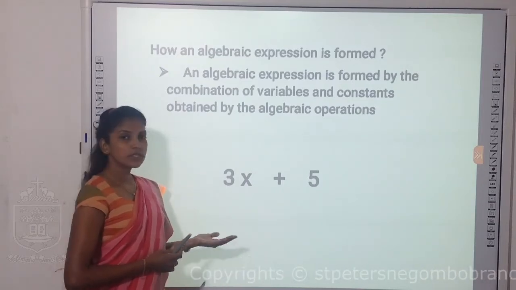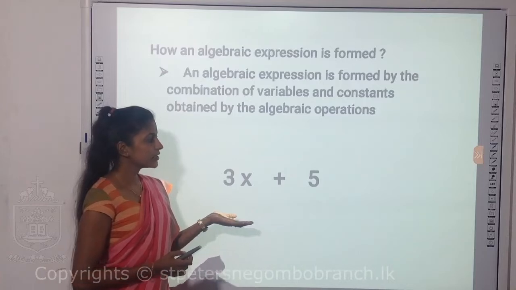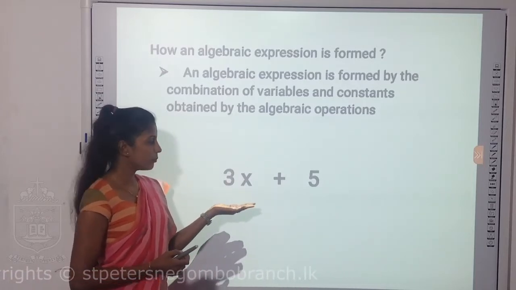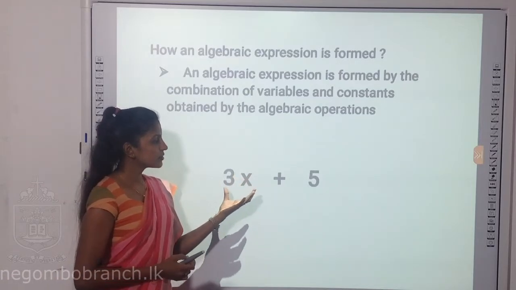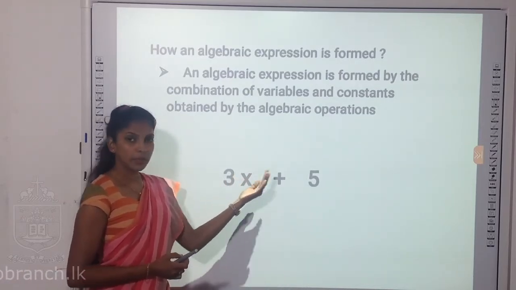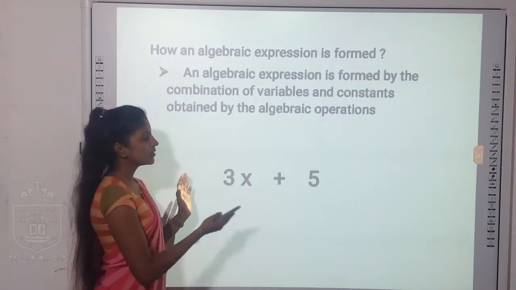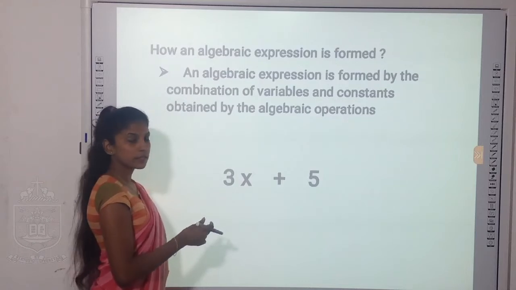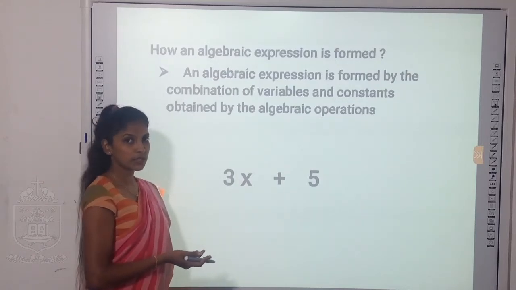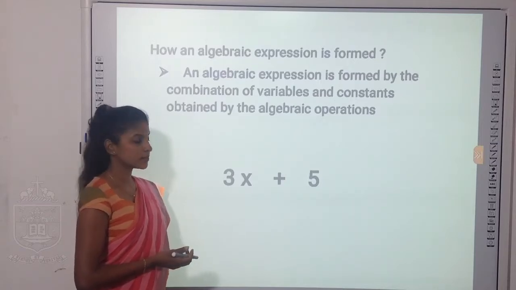So an expression means where you have some numbers as well as an unknown letter, this is x, and those terms may be added, sometimes subtracted. Those terms are linked with algebraic operations, maybe addition, maybe subtraction. Those types of expressions are called algebraic expressions.